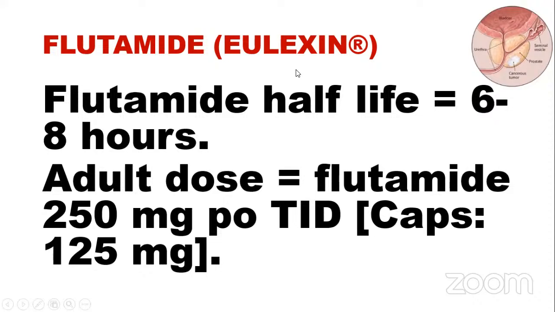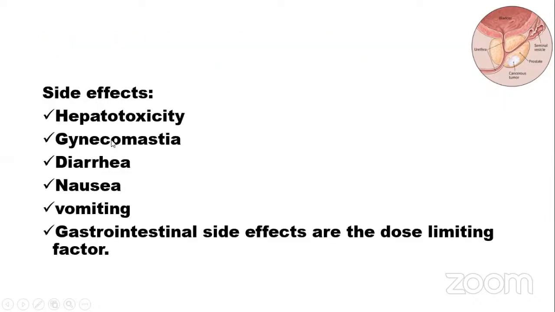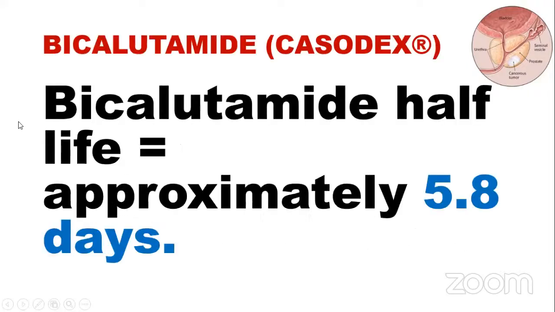Flutamide is known as Eulexin. Flutamide half-life is 6 to 8 hours. Adult dose is 250 milligram per oral TID; 125 milligram capsules are also available. Side effects: hepatotoxicity, gynecomastia, diarrhea, nausea, vomiting. GI side effects are dose-limiting.